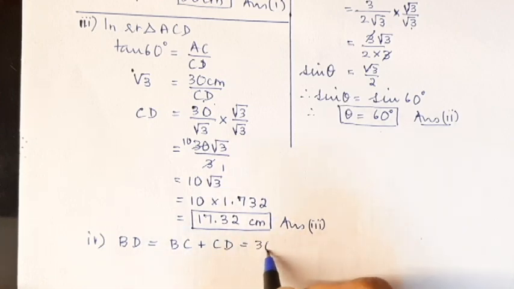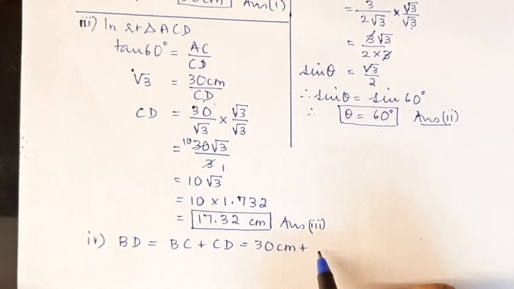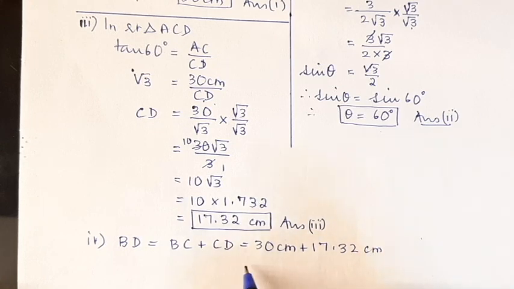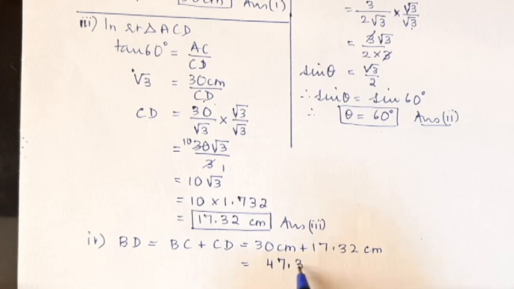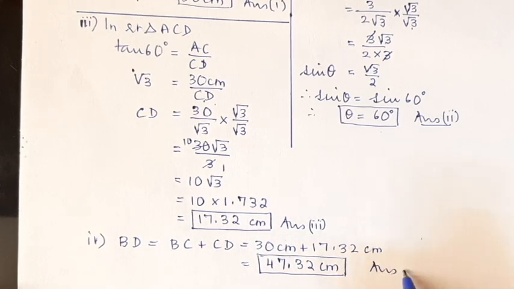BC is 30 centimeters, like how we saw just now, and your CD we have calculated here, and when you add you will get 47.32 centimeter, and that is our answer 4.